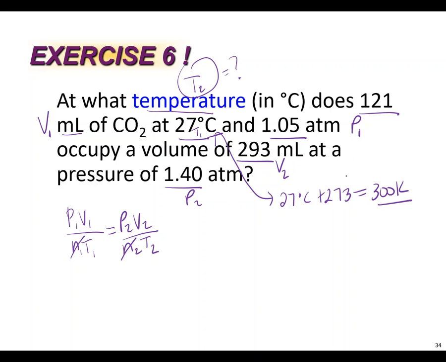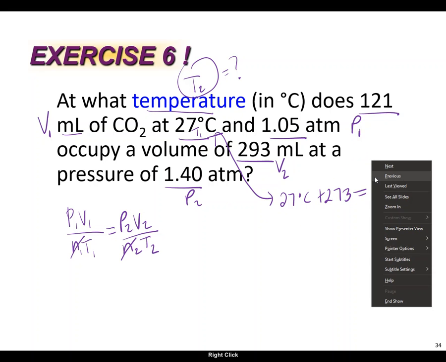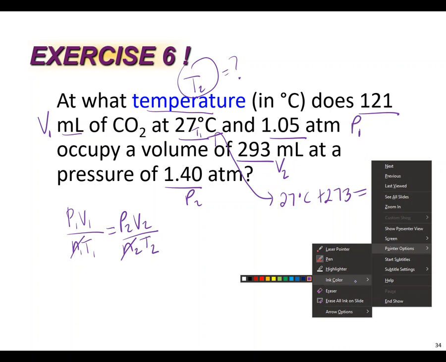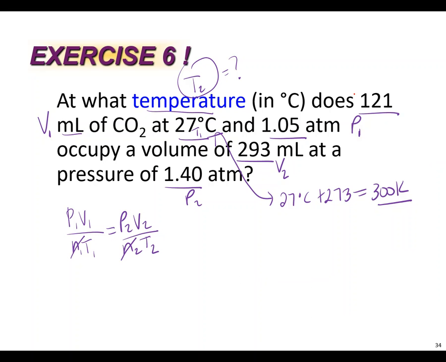Now that I have everything ready to go, I can just plug and chug. I'm going to point something else out to you here. Because our volumes are in milliliters, and I'm using the combined gas law where there's no R to consider, I can keep it in milliliters.